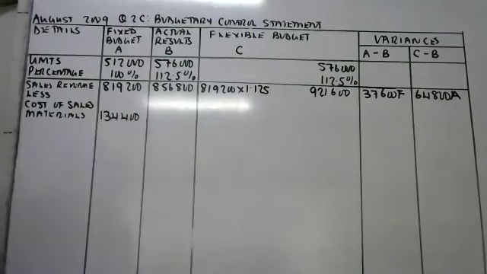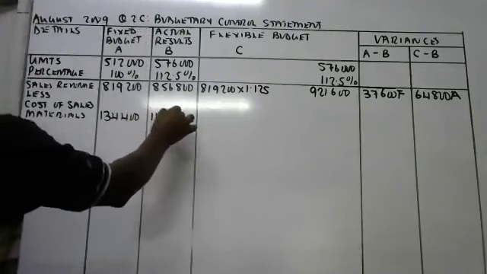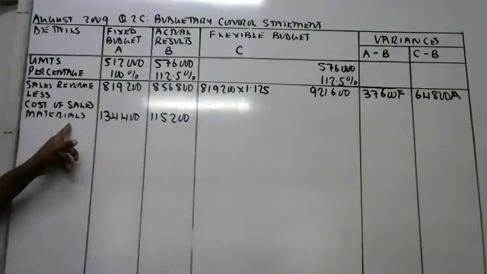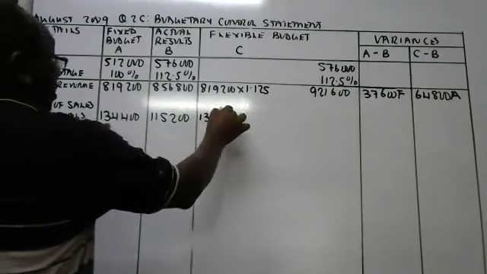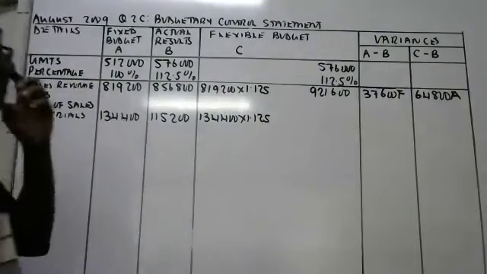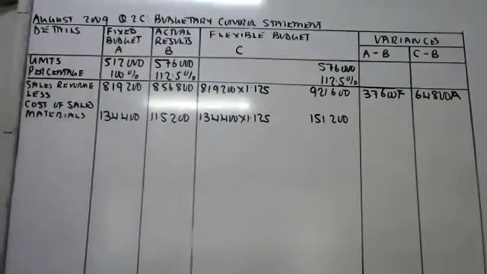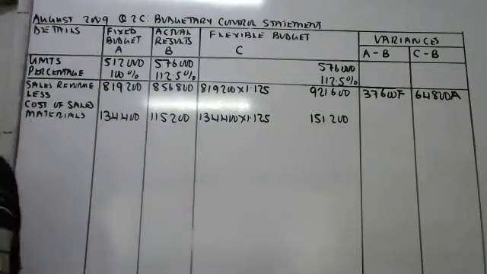In the actual, it came to 115,200. When you get to the flexible budget, you ask yourself, is this a variable cost? Yes. So you take this original 134,400 multiplied by 1.125, which is 151,200. In case I write a figure that is different from what you have in the past papers, change yours, because the one you have is a typed paper. I'm reading from the original.